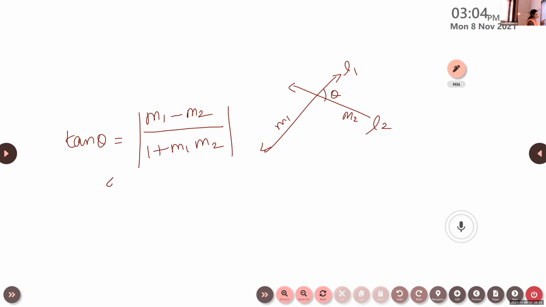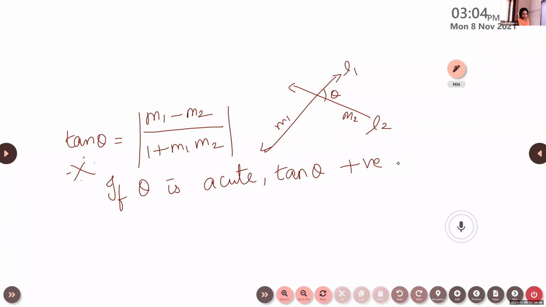If you have noted this point down, children, next year also we'll be using this again and again. If theta is acute, what is meant by acute? If theta is acute, less than 90, then tan theta will always be positive.